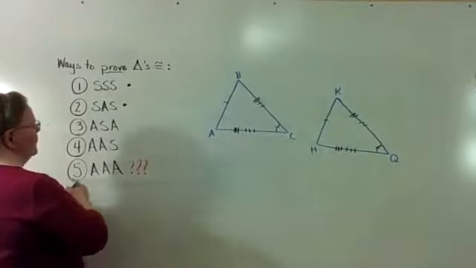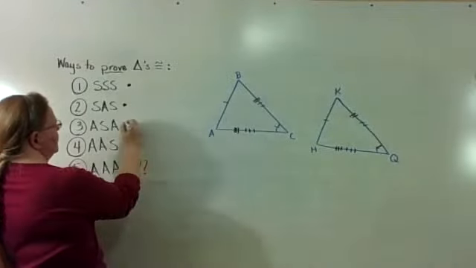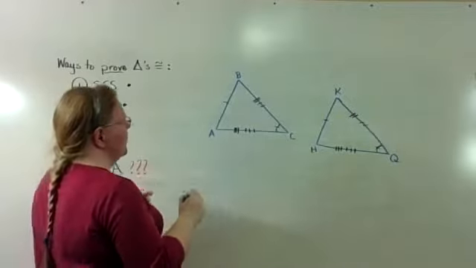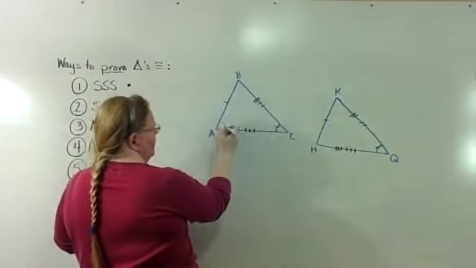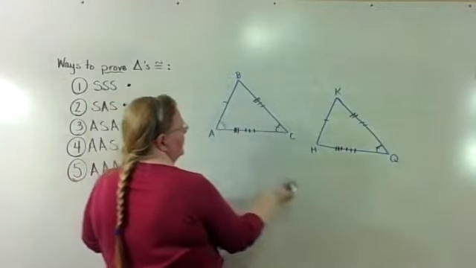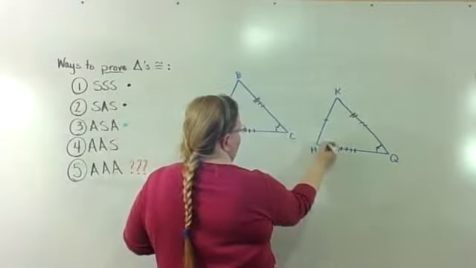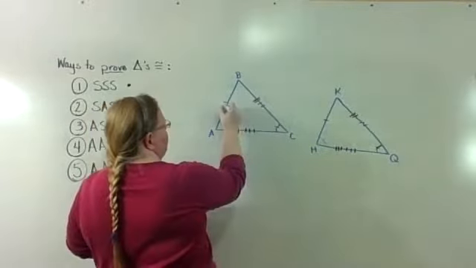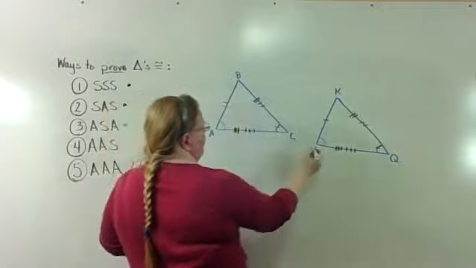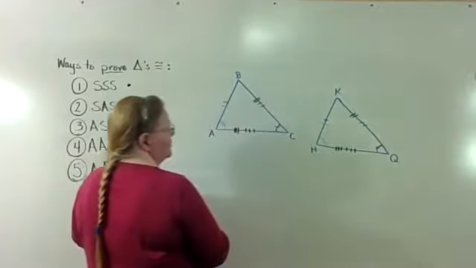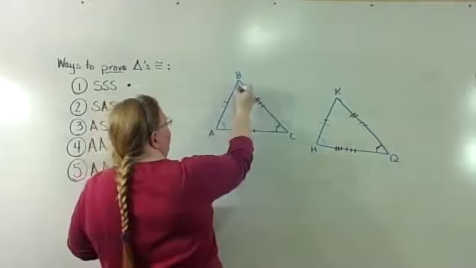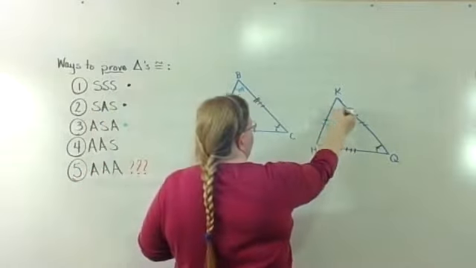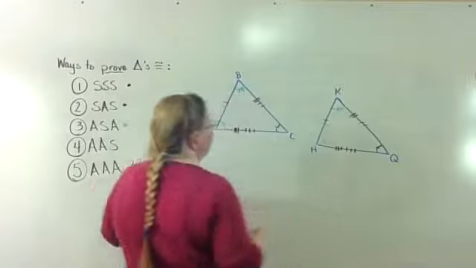Angle, side, angle means that the side has to be included in between those 2 angles. So if I were talking about maybe angle A and angle H being the same, and maybe side AB being the same as side HK, and this angle being the same as that angle.